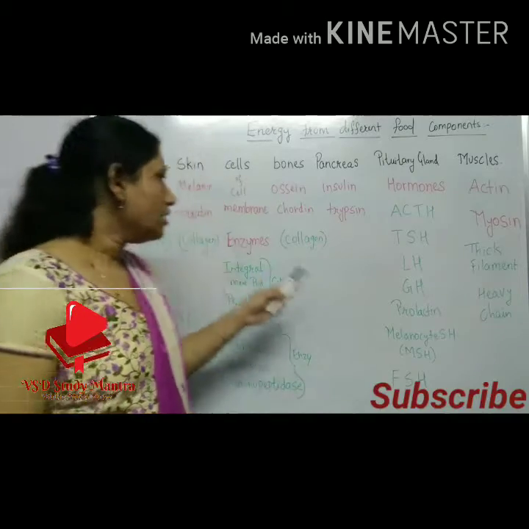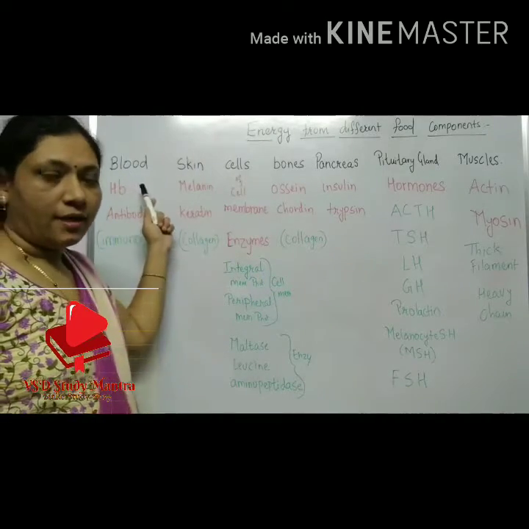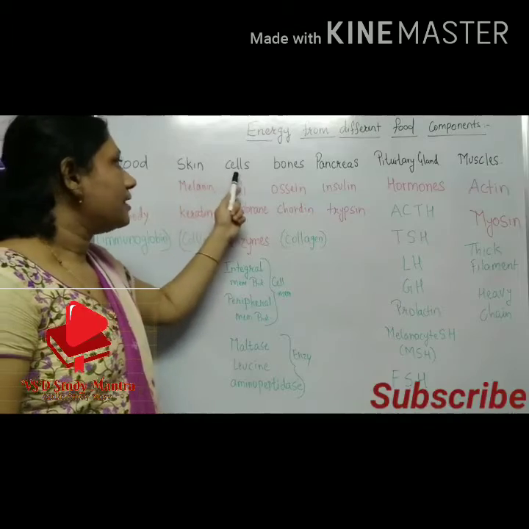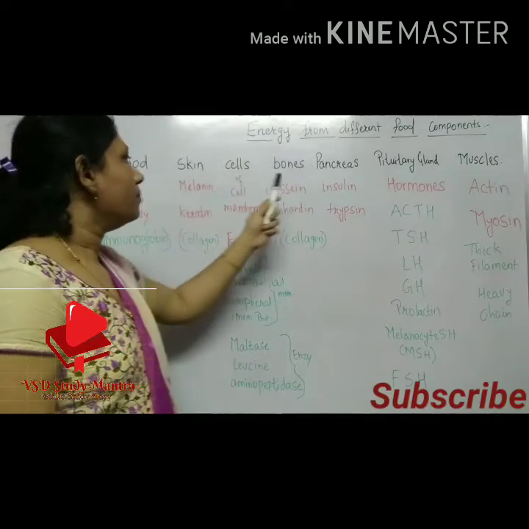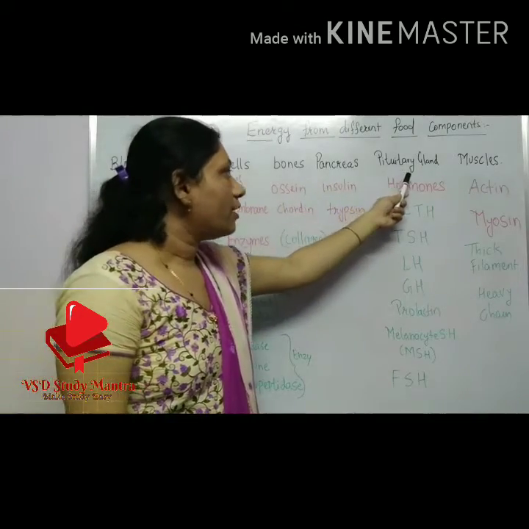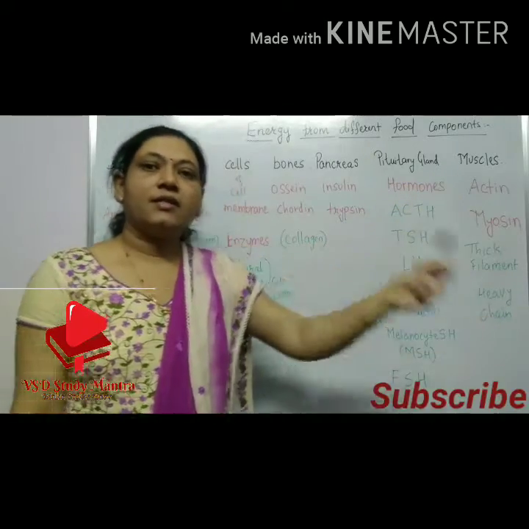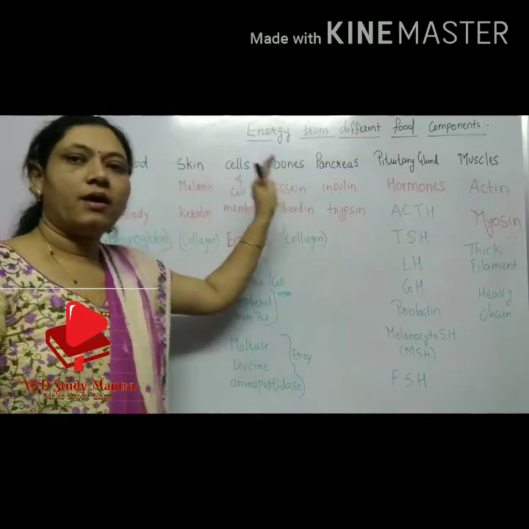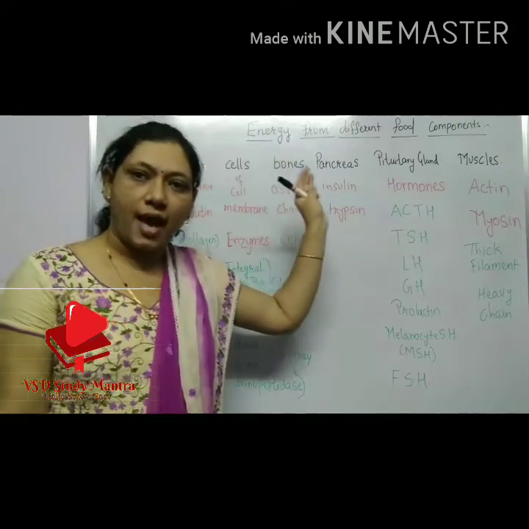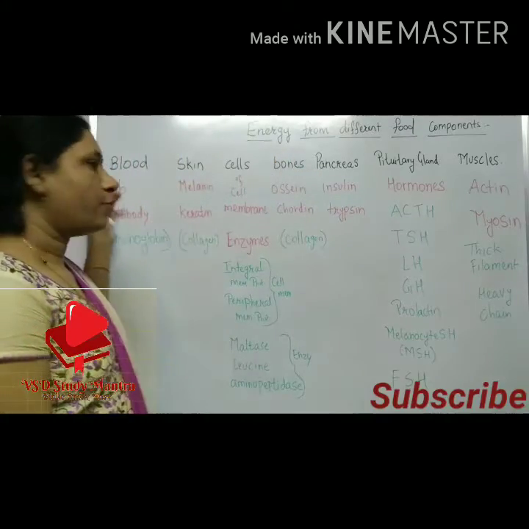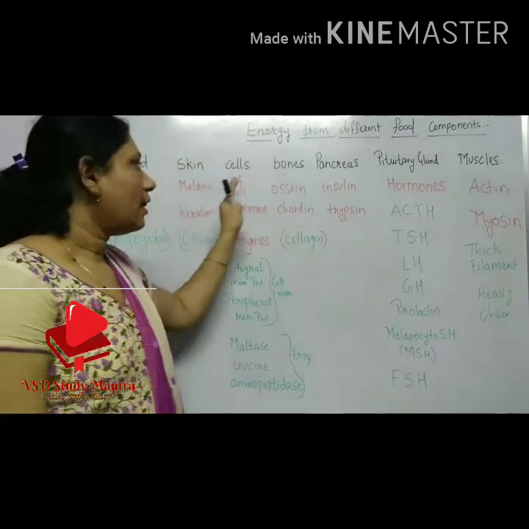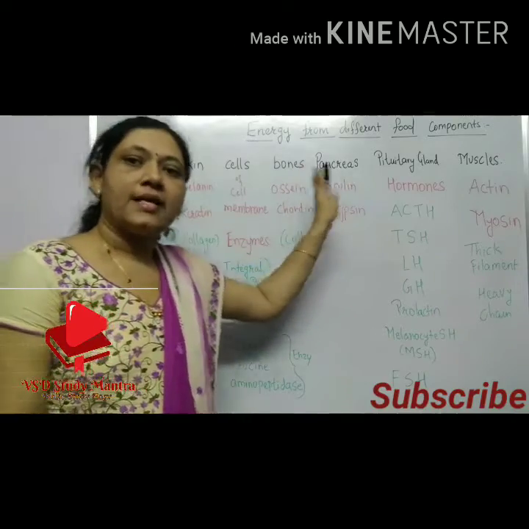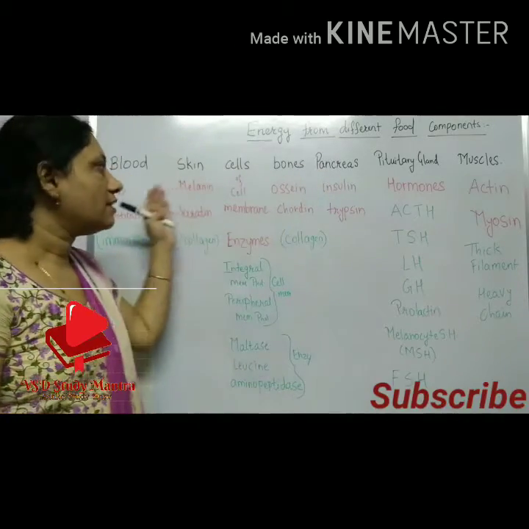Here we have bones, skin, cells, blood, pancreas, pituitary gland and muscles. These seven types of organs and cells we have, and which type of protein is present in them, we will see now.